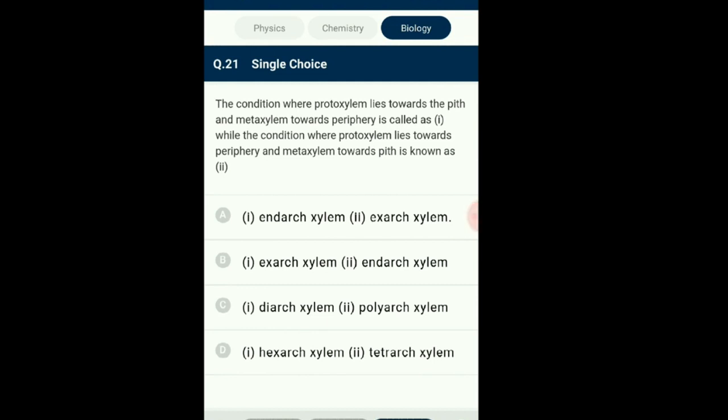The primary xylem is called endarch when the protoxylem lies towards the center, that is pith, and the metaxylem lies towards the periphery. Example, stem. When the protoxylem lies towards the periphery and metaxylem towards the center, it is called exarch xylem. Example, in roots. So the answer for this question is option A.